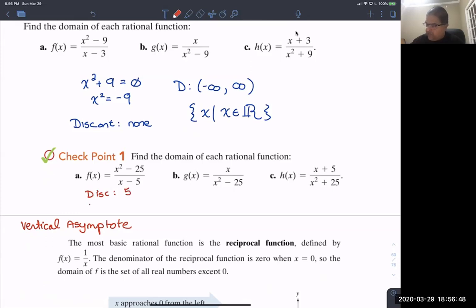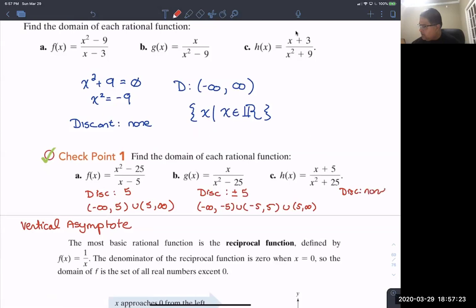And I'm going to use interval notation. Okay. Did everyone get that?